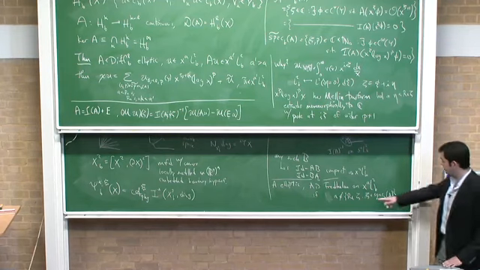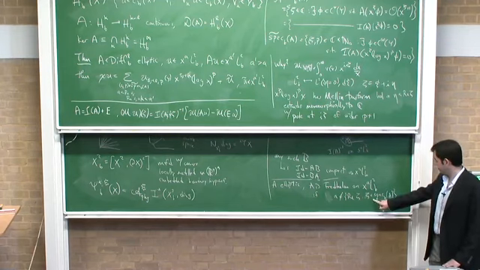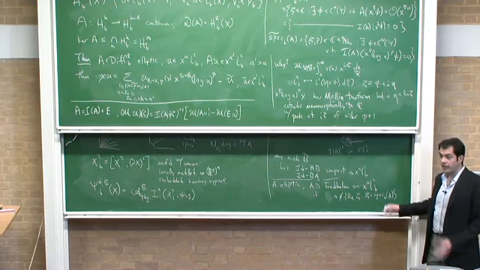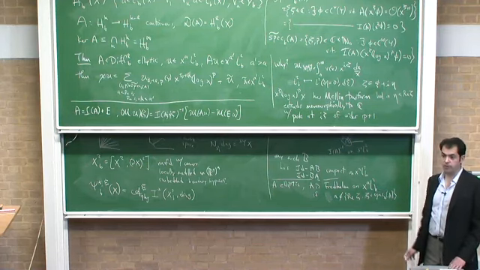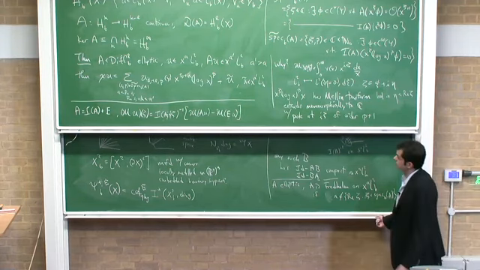So you have this discrete set of weights, and for any other weight, you end up with a Fredholm operator.